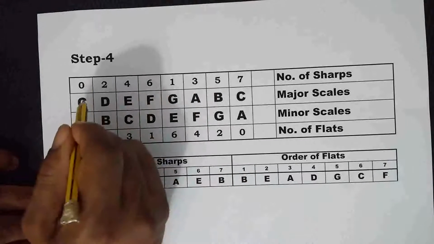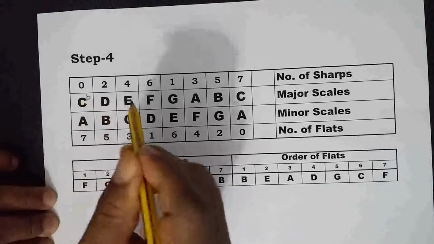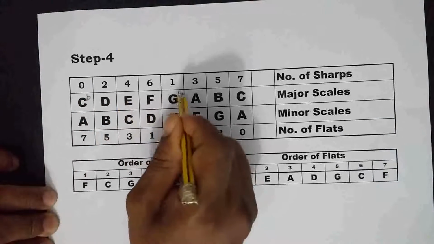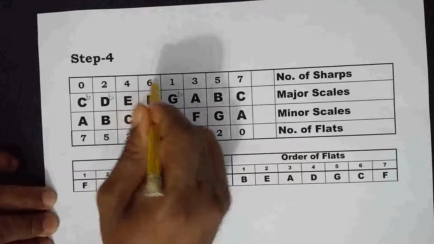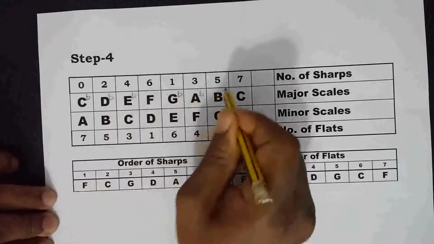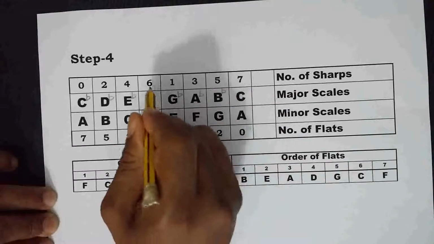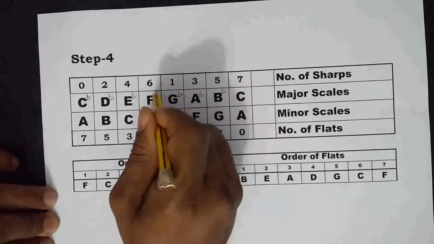That is, corresponding to 0 it is C, then 1 it is flat, then 2 it is flat, then 3 it is flat, then 4 it is flat, and 5 it is flat, whereas 6 and 7 are sharps.